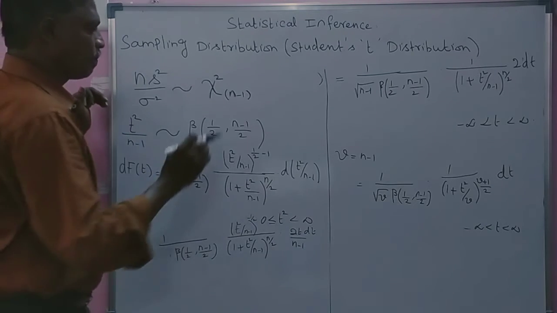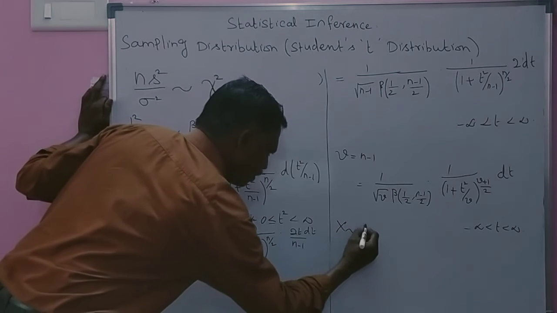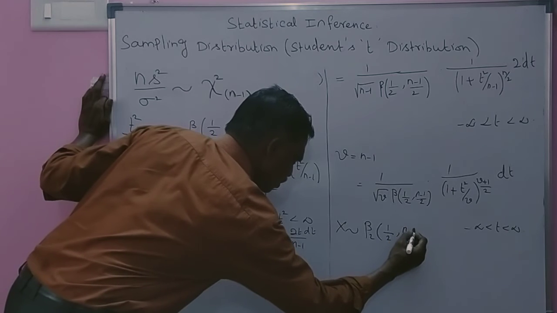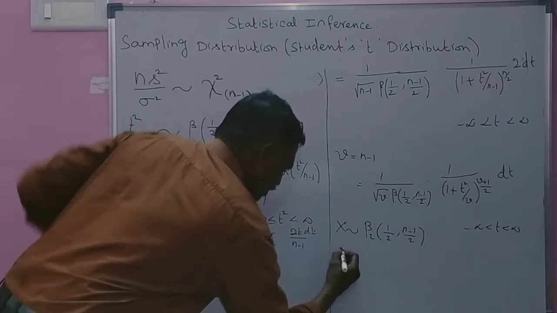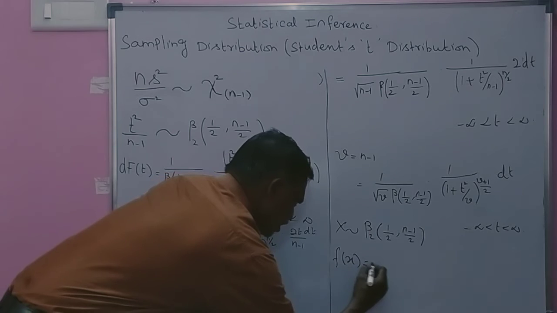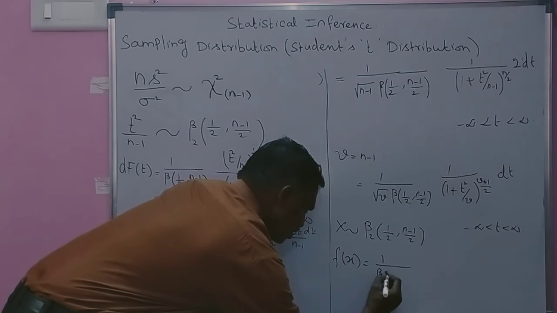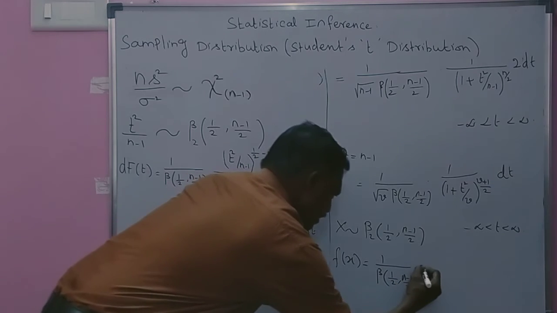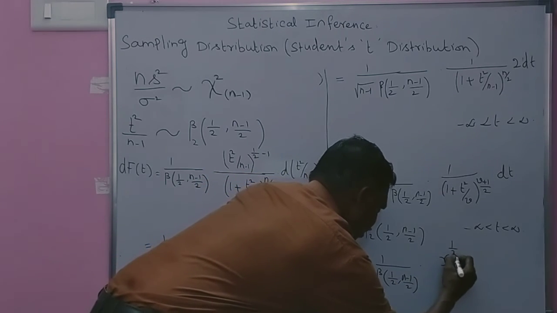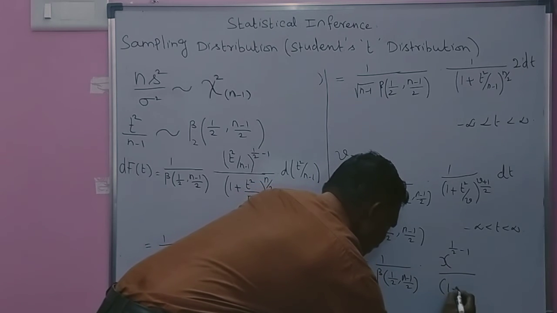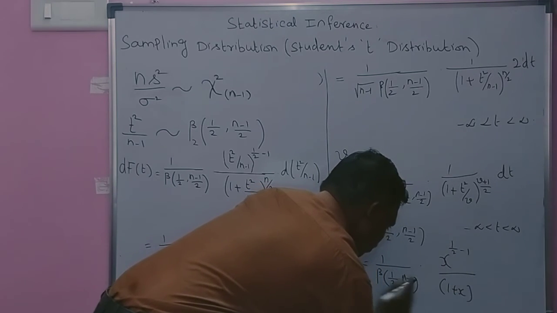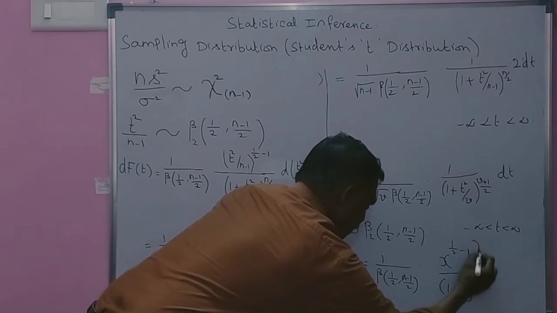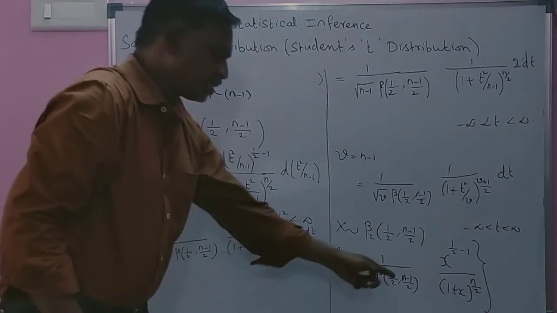The reason is, if x follows a beta 2 distribution with parameters 1 by 2, n minus 1 by 2, then the probability function is 1 divided by beta of (1 by 2, n minus 1 by 2) into x power 1 by 2 minus 1, divided by (1 plus x) power, you add these two, so n by 2. This is the probability function for the beta 2 distribution.